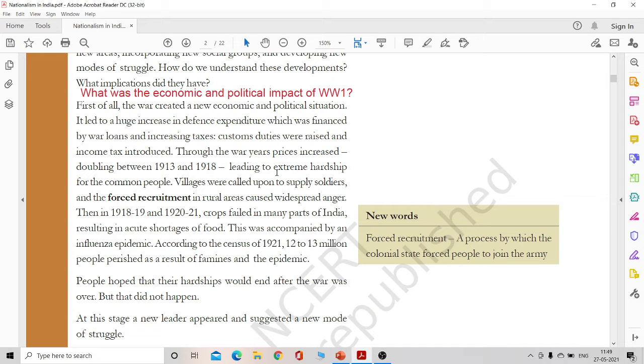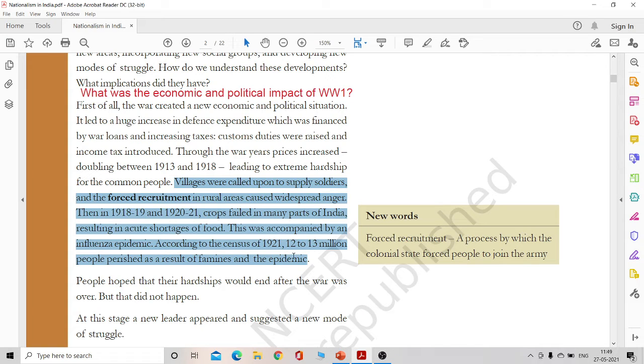As far as the political situation is concerned, we see that villages were forced to supply soldiers, and forced recruitment spread a lot of anger. Then in 1918, 1919, crops failed, so that is another economic impact. There was a huge shortage of food. There was the influenza epidemic, just like we're having one now, right?